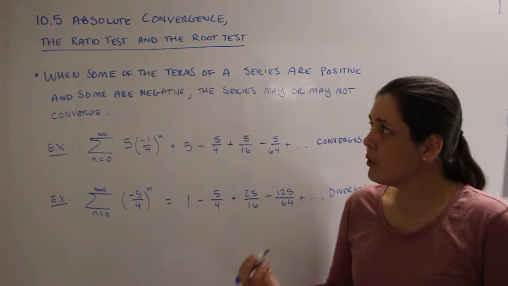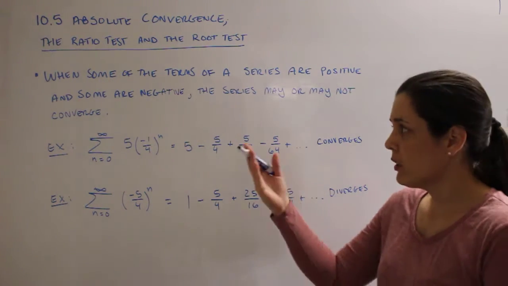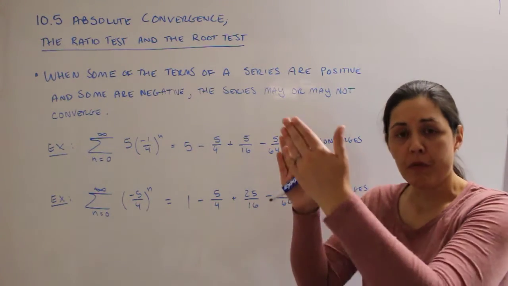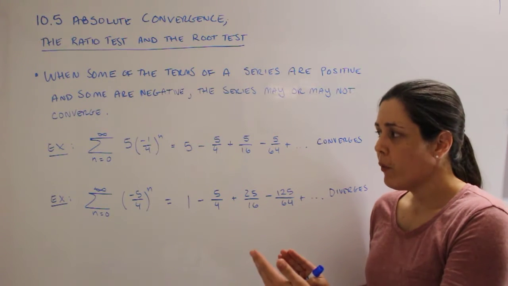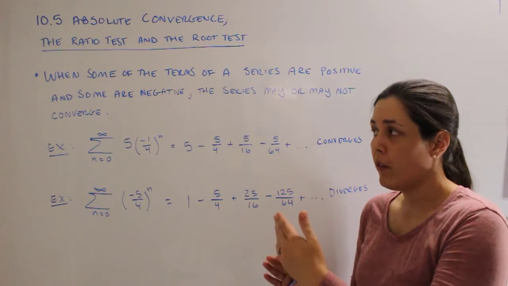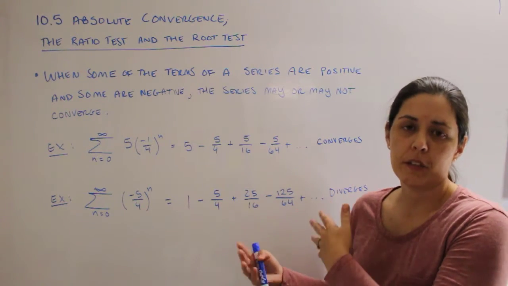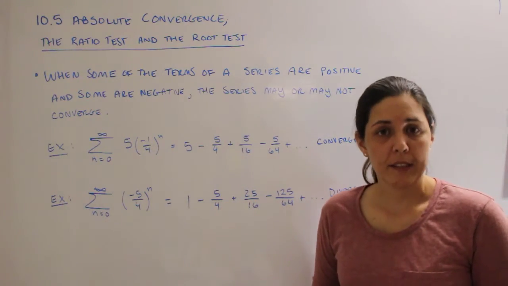In these types of series where signs alternate, we're going to take the absolute value of the series, and if that absolute value of the series converges, we can figure out that our series actually converges. I'll give you that as the absolute value test.